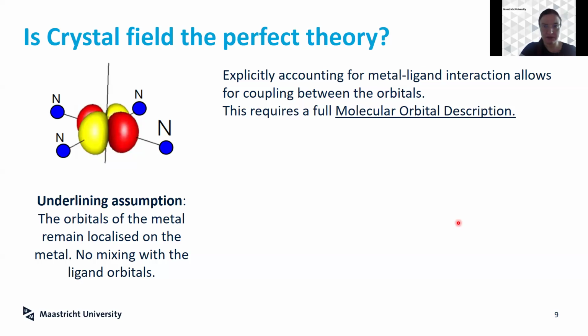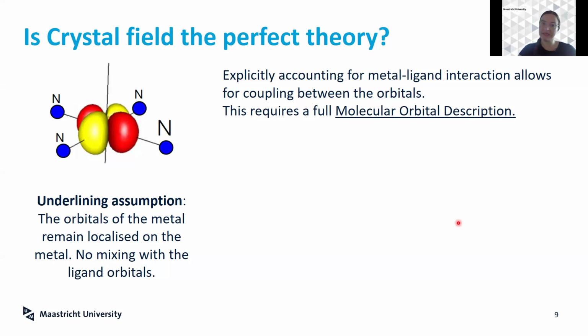This is not part of crystal field theory as it stands. You do not consider that the ligand is getting affected. You cannot do this in any other way. So there is no mixing with the ligands. You split because they are there as charges, but they do not mix with the d orbitals.